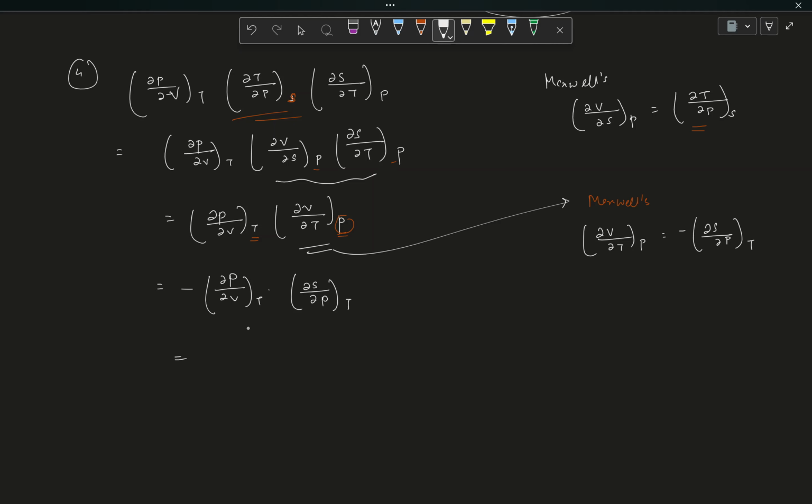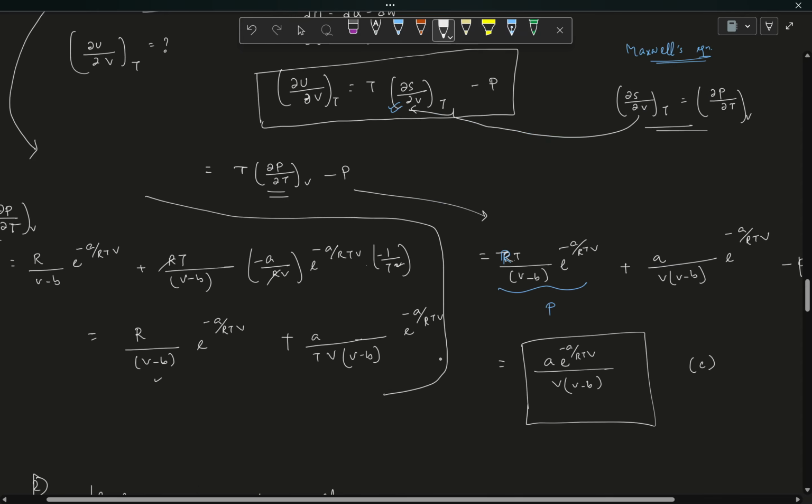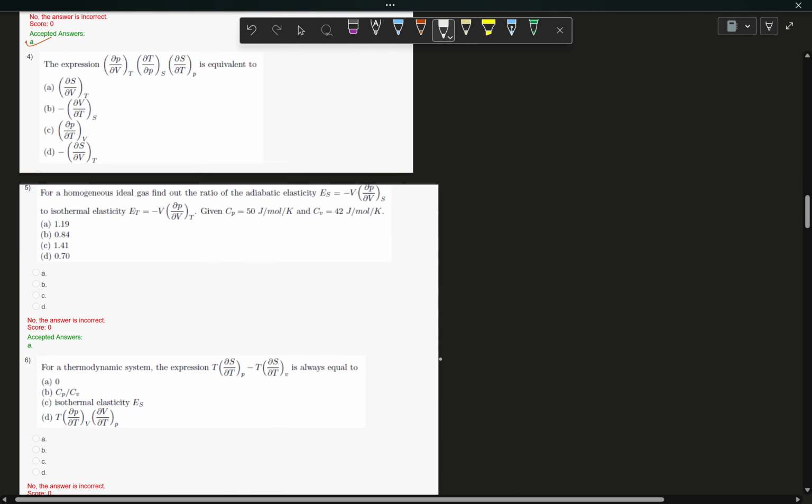So this again you see that T is constant and this ∂P term is actually recombining and cancelling out to give you a single term which is minus (∂S/∂V) at T constant. Okay. So this is your final answer. This is your option number D. So you can match your answer, that we are getting the answer as option number D. So the correct answer is minus (∂S/∂V) at T constant, option D.